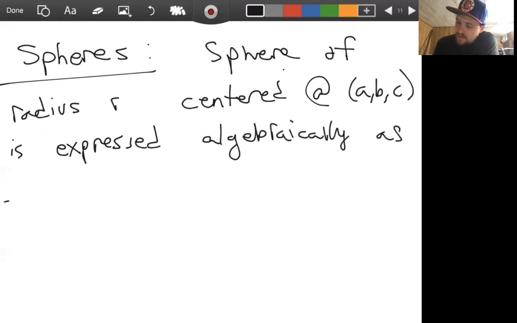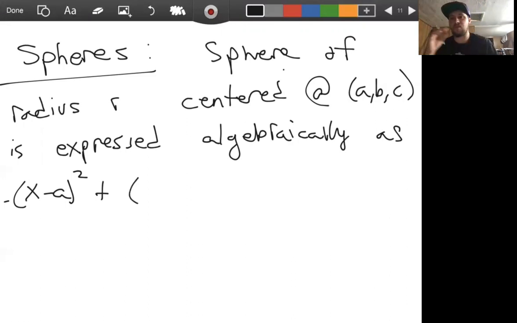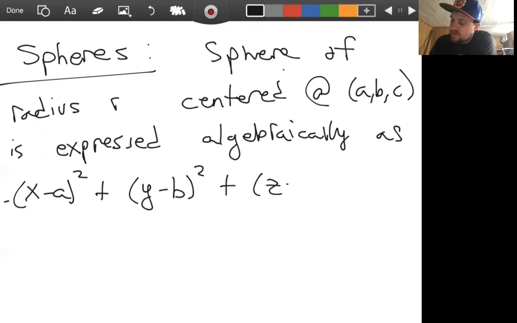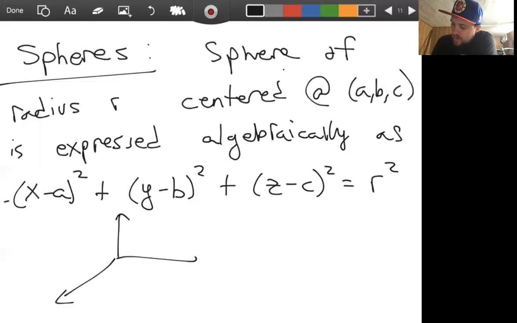as x minus a squared. It's very similar to a circle, but in one dimension higher, because it's a set of points at a fixed distance from another specified point. So this is x minus a squared plus y minus b squared plus z minus c squared equals r squared. Okay, and so we can draw that here as x, y, z.